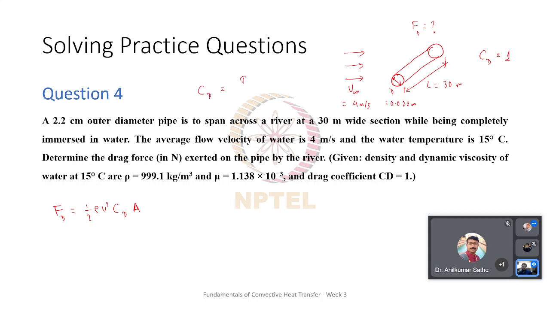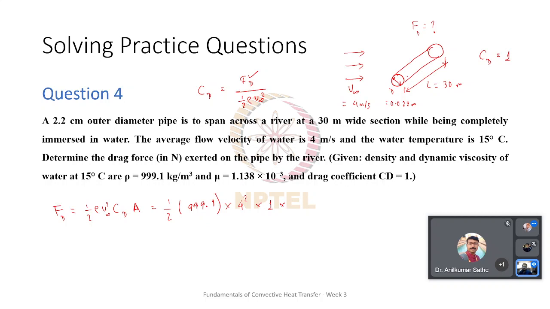CD is defined as the drag force divided by half rho u infinity square. So here CD is given, all these other values are given, we have to find out FD. If we just plug in the values given, rho is 999.1. This is given in SI units only, so no need to convert. The u infinity is given to be 4, so 4 square, and CD is 1, no issues with that.